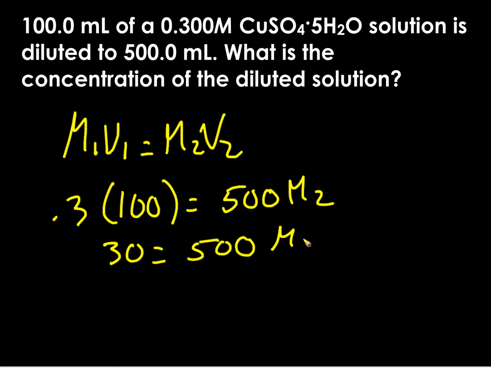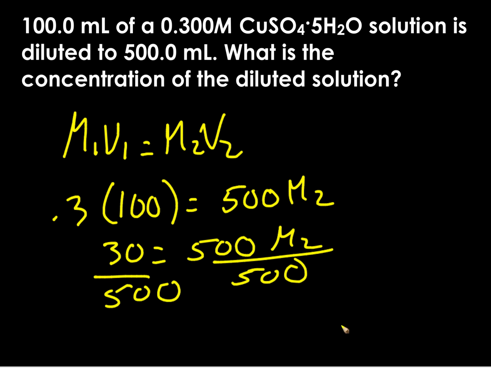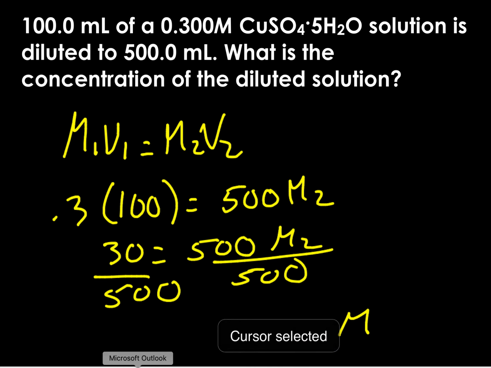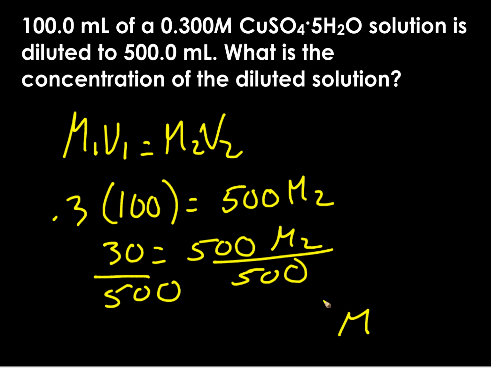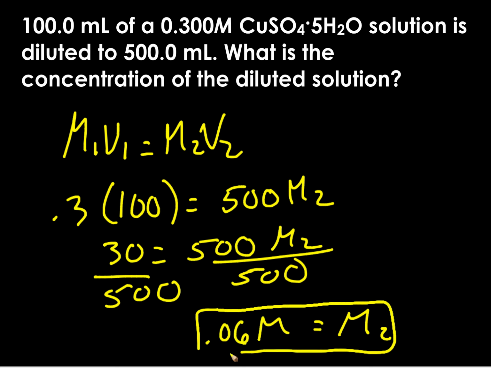Get M2 by itself, divide by 500. So divided by 500, and we get 0.06 molar. And that concludes our video on making dilutions.